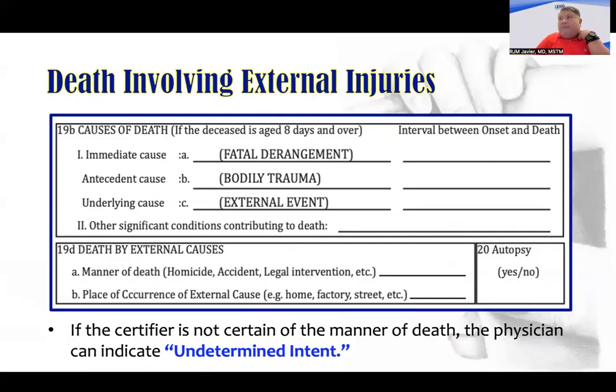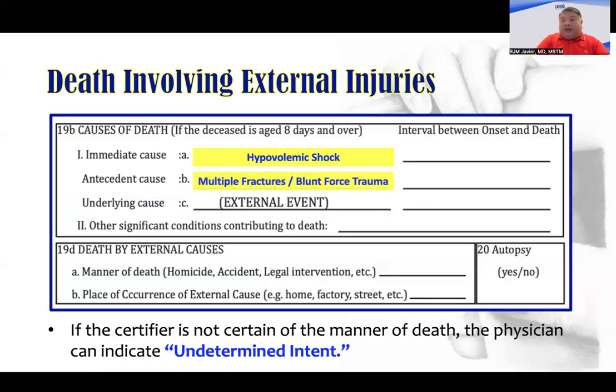If I am an MHO and I didn't see, let's say, this John Doe who dies in the emergency room, but I know this patient was run over by a speeding truck, I could most probably put here that there could be hypovolemic shock because of extensive bleeding secondary to multiple fractures because of the blunt force trauma precipitated by the motor vehicular accident. So that is something that I can write in the immediate, antecedent, and underlying causes of death.